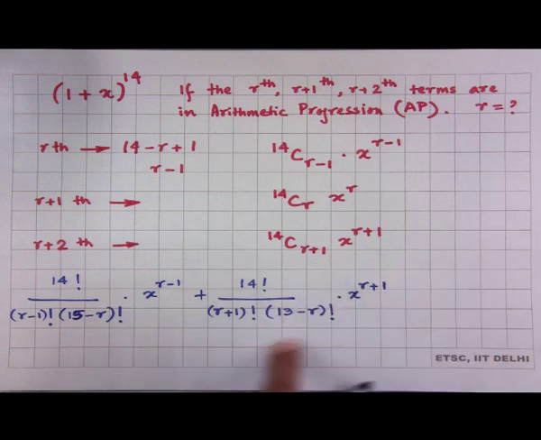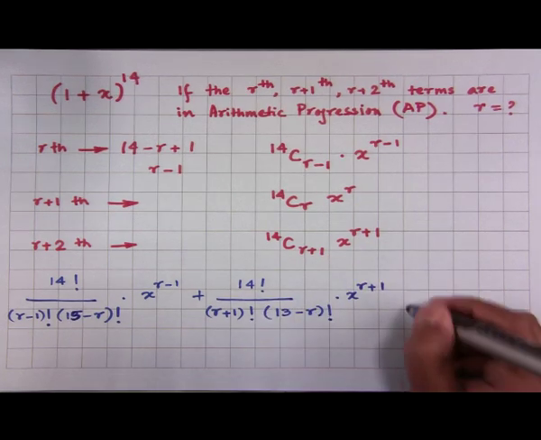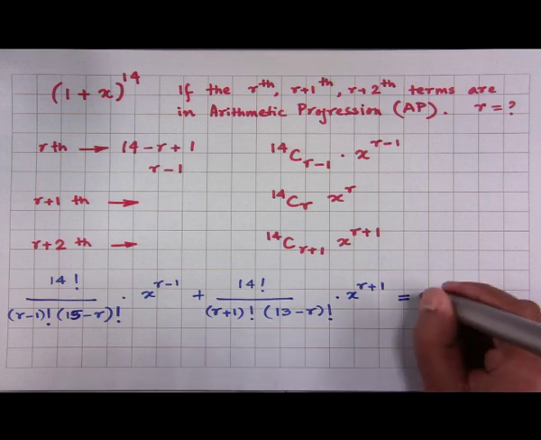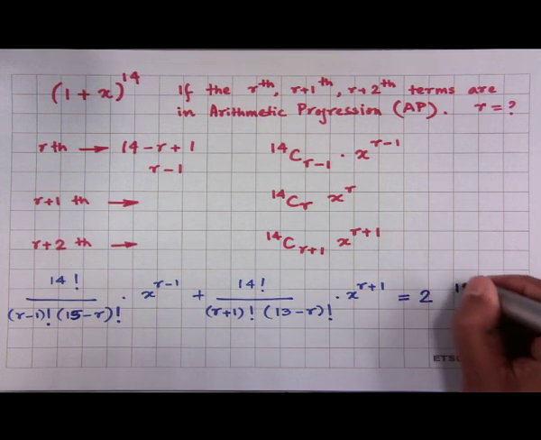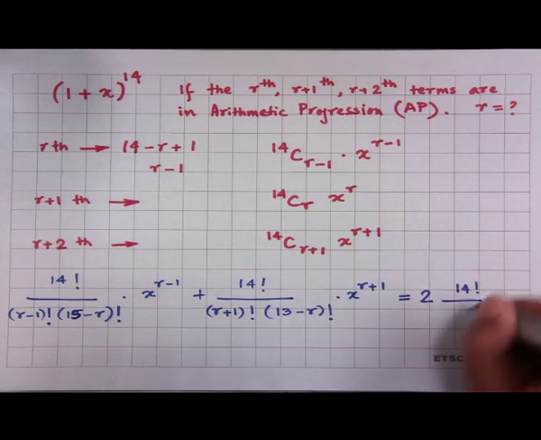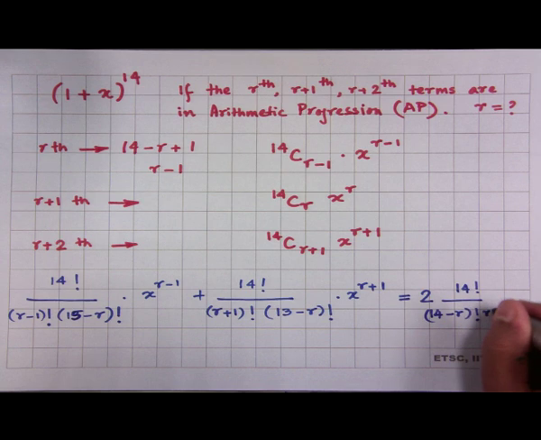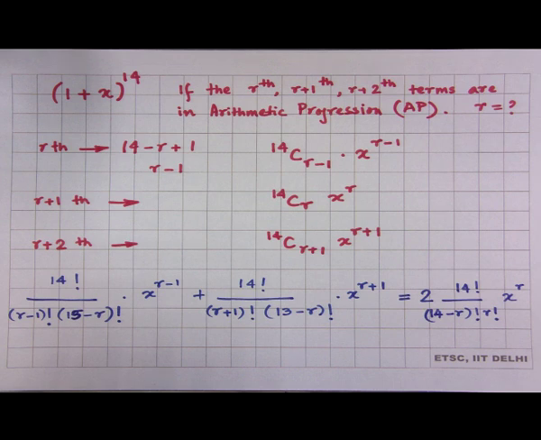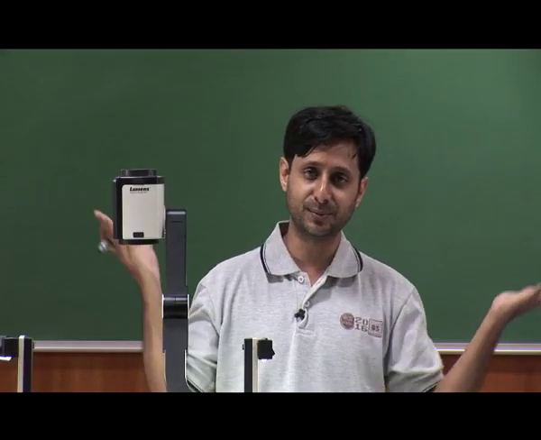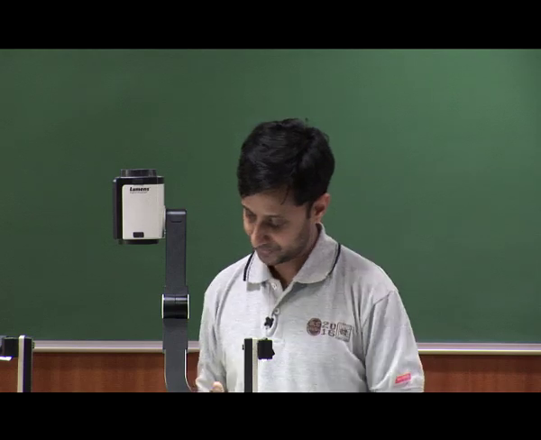This is the r plus 1th term, and this sum is equal to 2 times 14 factorial by 14 minus r factorial, x power r. So, this is pretty much the problem statement, and we have to find out what r is in terms of x, obviously.